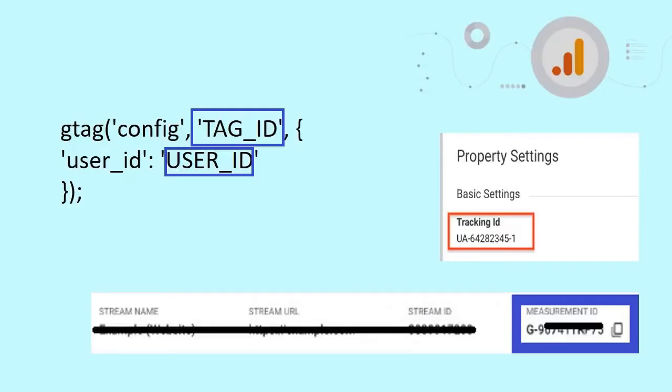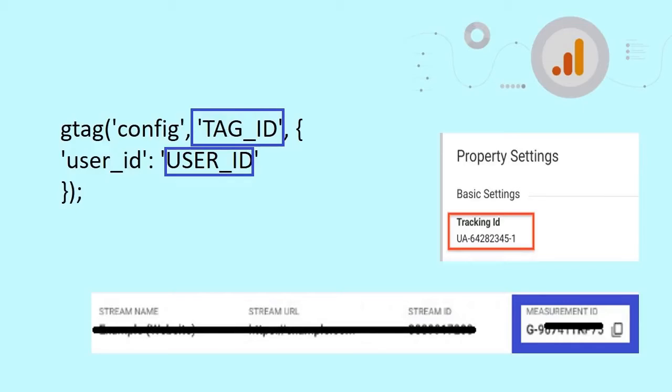In order to let Google Analytics collect user ID data from a website or app, you will need to add this code snippet in the site pages where you inserted the Google Analytics tag. You will need to replace tag_ID with the measurement ID from Google Analytics 4. You can find the measurement ID in a specific data stream in Google Analytics 4.